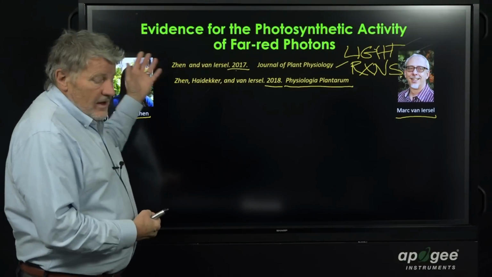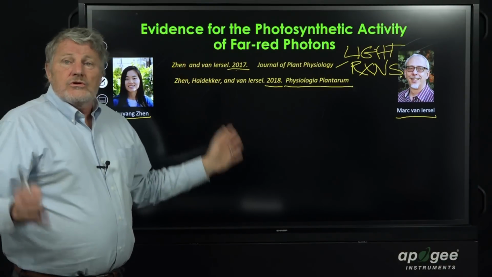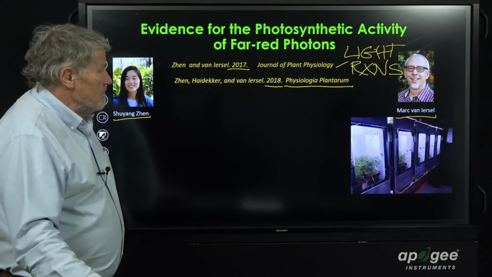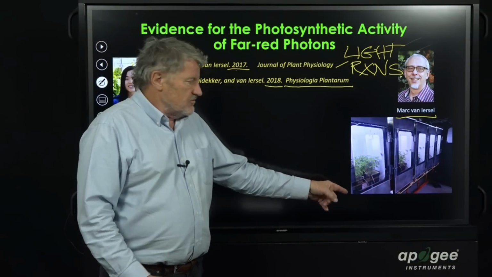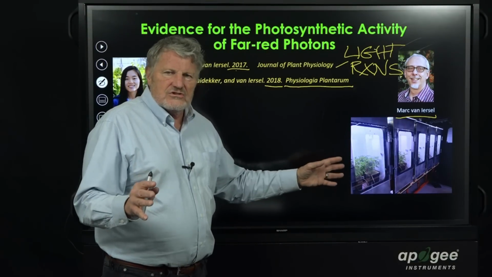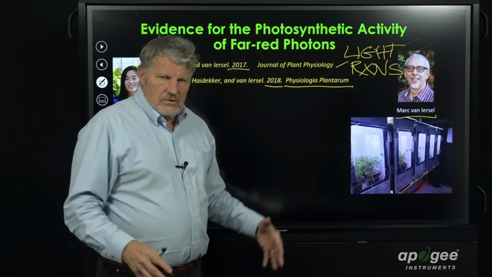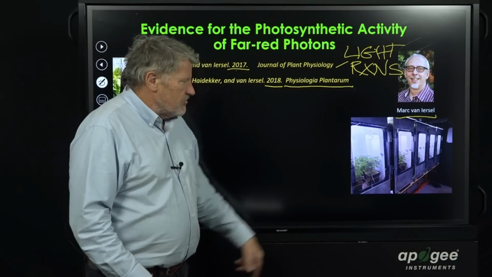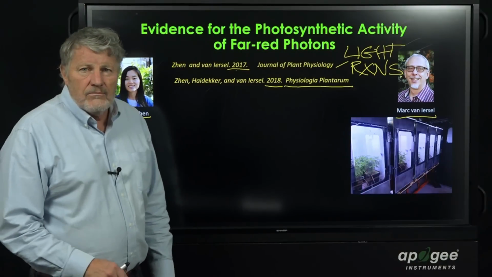So, after this work in Mark's lab, I recruited Xuyang to come work with me because we have a canopy gas exchange system. It's a very sophisticated system, but it measures photosynthesis of whole plant communities continuously over the whole life cycle. There's 10 chambers, here's a few shown here.